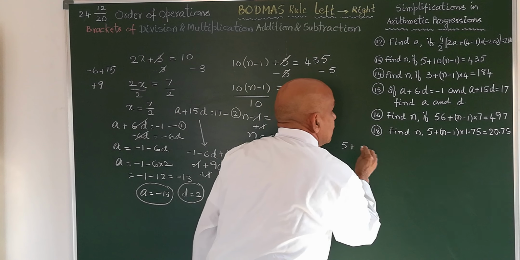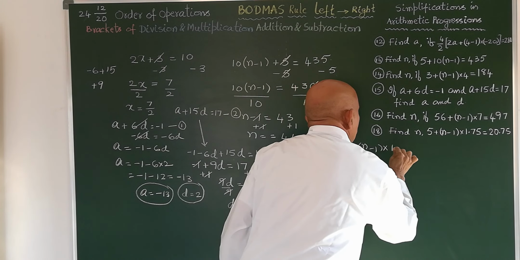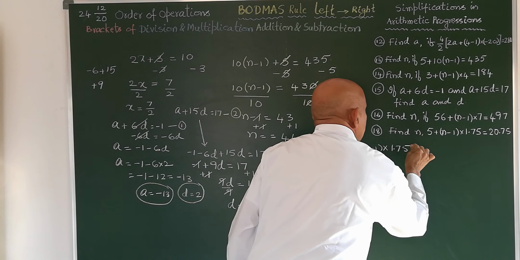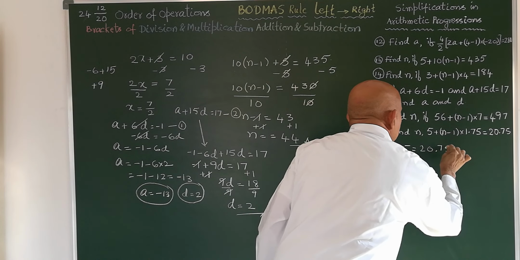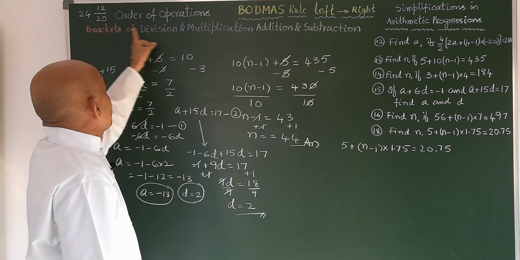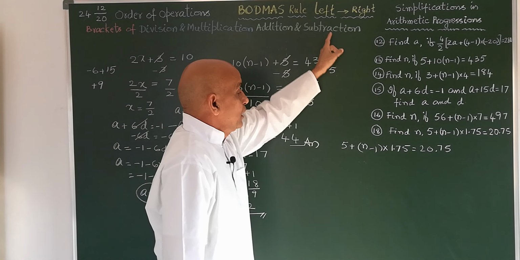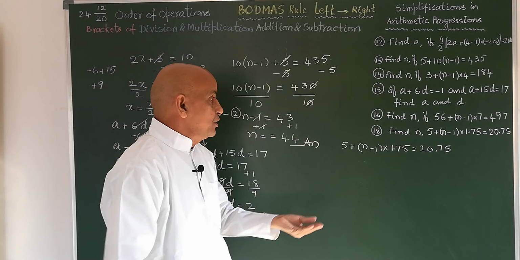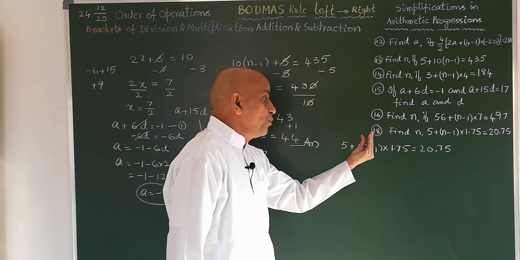5 plus n minus 1 into 1.75 is equal to 20.75. The same rule we will follow. Brackets, of, division, multiplication, addition and subtraction. Now we are undoing the operations in order to find the value of the unknown. We want to make this only one place.